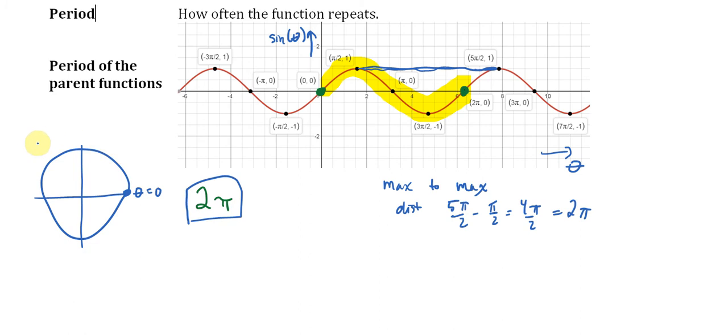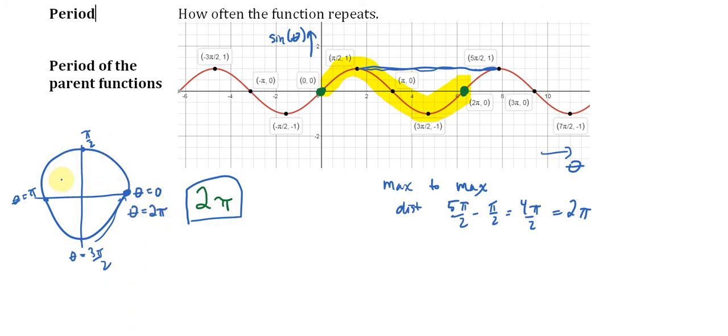Once you make it a full trip around the unit circle, you've gone through pi over 2, theta equals pi, theta equals 3 pi over 2, and then you're back around here. At this point, theta is equal to 2 pi.